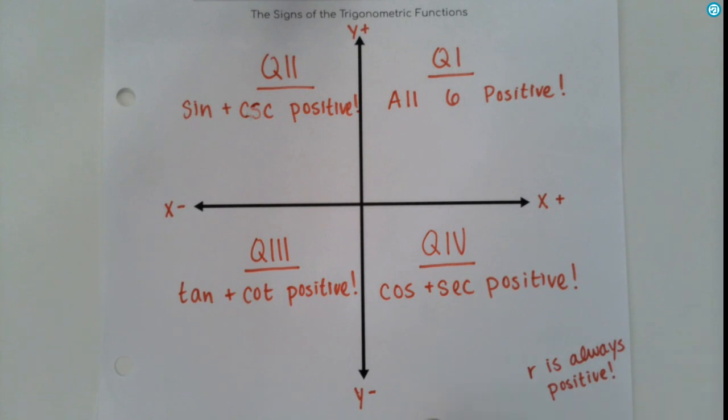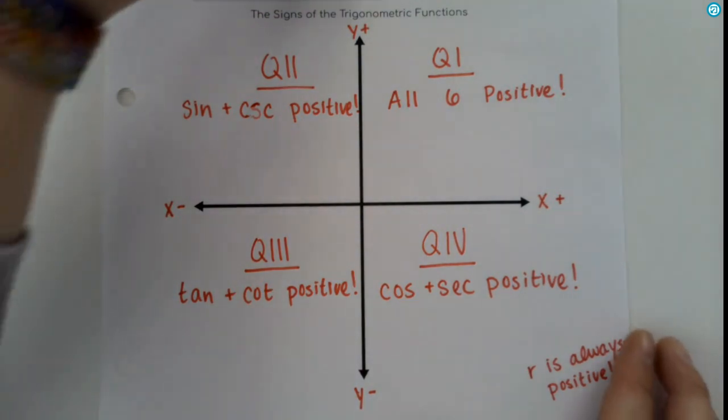Then tangent is y over x, so it is also negative. Okay? So in quadrant 1, all of your functions are positive. In quadrants 2, 3, and 4, only one pair of them is positive. So it's sine, tangent, and cosine.